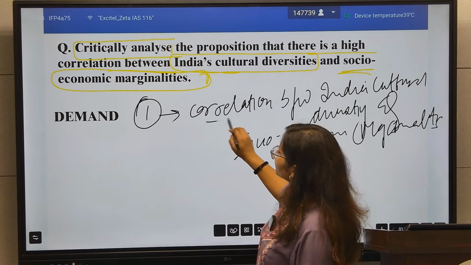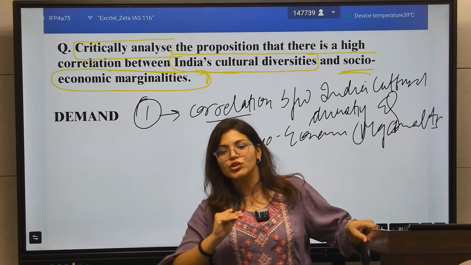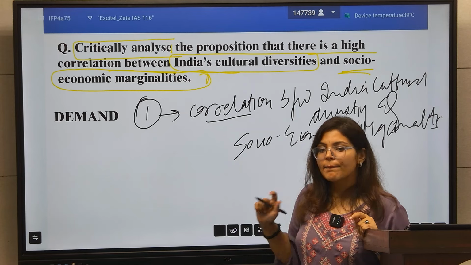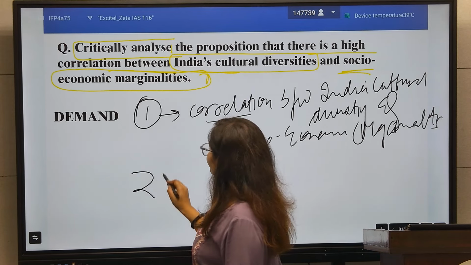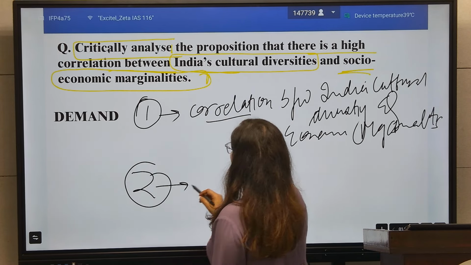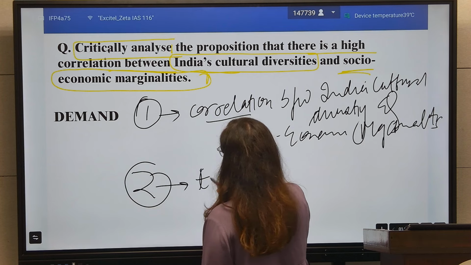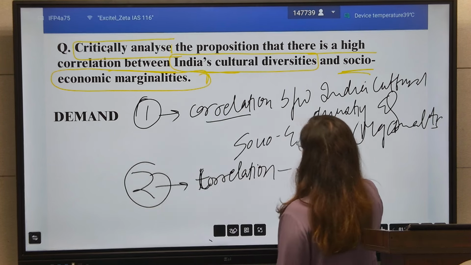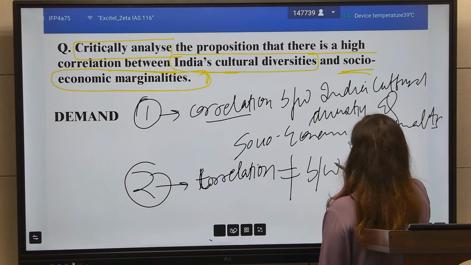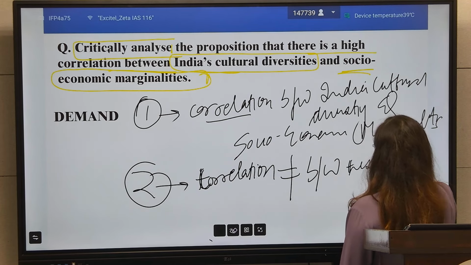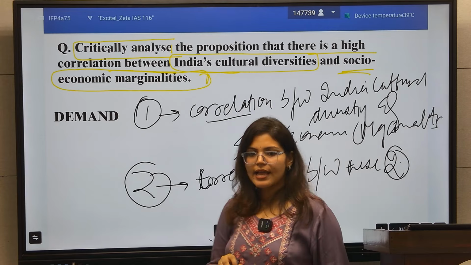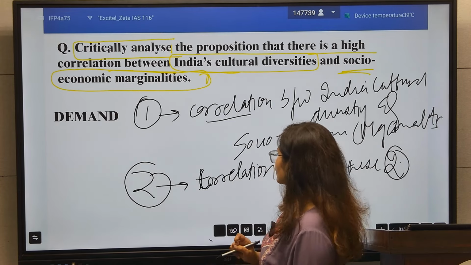So you have to first give 4-5 points on the correlation, that there exists a correlation between these two, but you have to also reflect the other part of the coin, that correlation does not exist between India's cultural diversity and socio-economic marginalization.